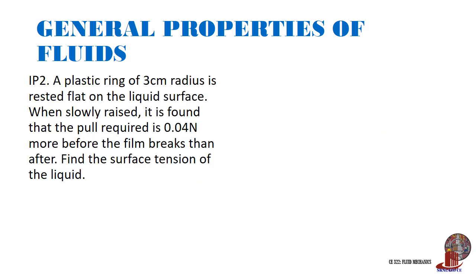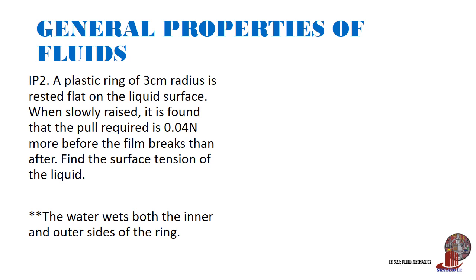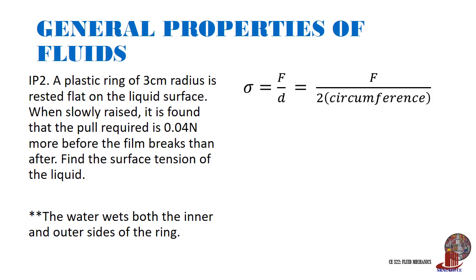Let us check our next example. A plastic ring of 3 cm radius is rested flat on the liquid surface. When slowly raised, it is found that the pull required is 0.04 newtons more before the film breaks than after. Find the surface tension of the liquid. Similarly, the water wets both the inner and outer sides of the ring. So, our formula sigma, which is equal to F all over D, would turn out to be F all over twice of the circumference.